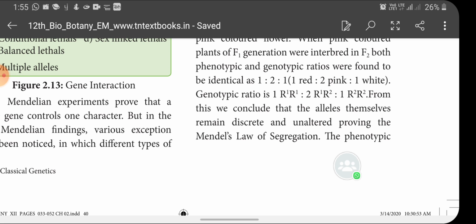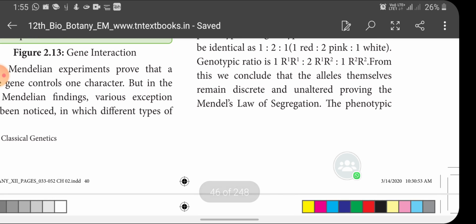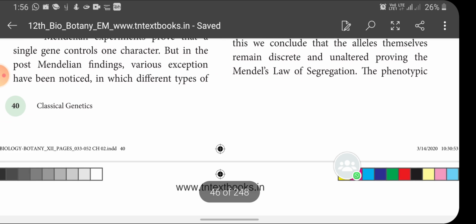As genotype: one R1R1, two R1R2 and one R2R2. So the genotypic ratio is 1:2:1. From this we conclude that the alleles themselves remain discrete and unaltered, proving Mendel's law of segregation.